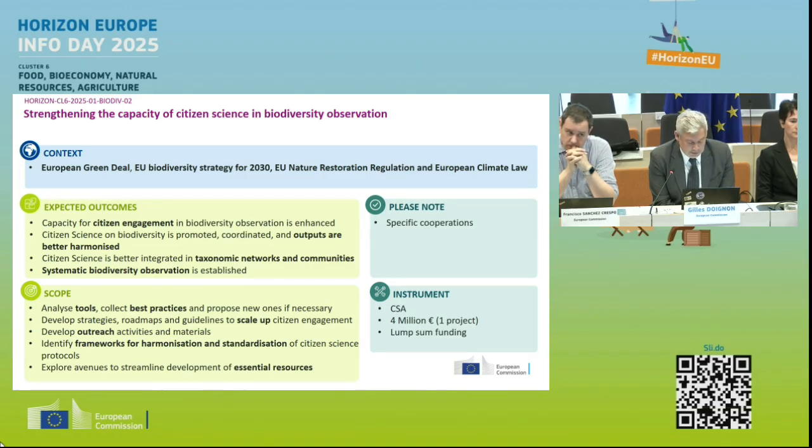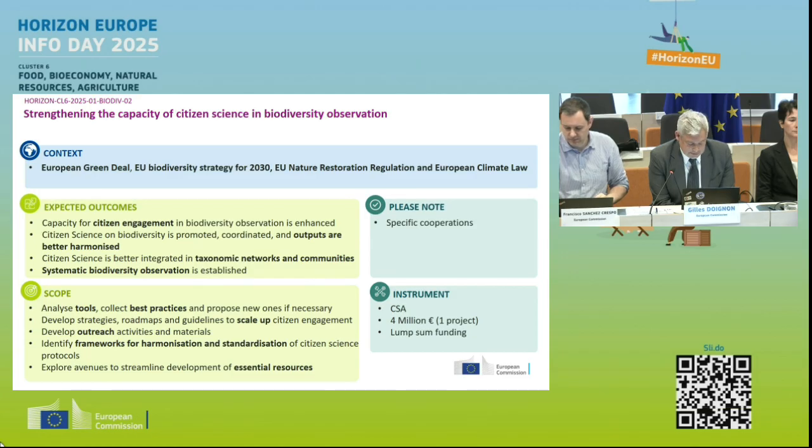For the expected outcomes, we really want the following, so that the capacity for citizen engagement in biodiversity observation is enhanced. Citizen science on biodiversity is promoted, coordinated by some key citizen science experts, such as communication experts, taxonomists, etc., and really that the outputs are better harmonized.